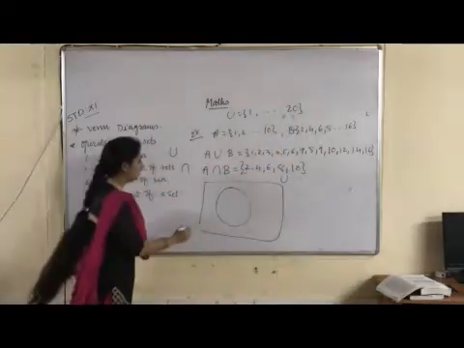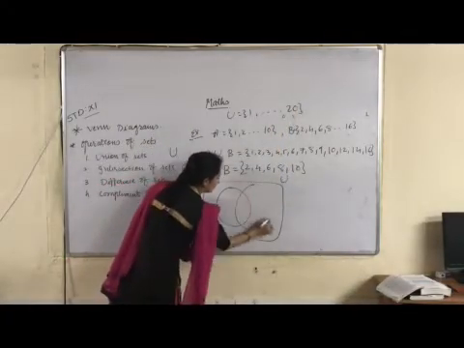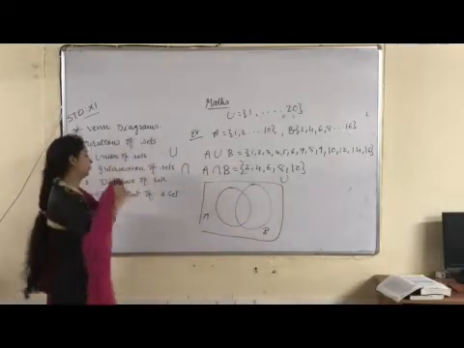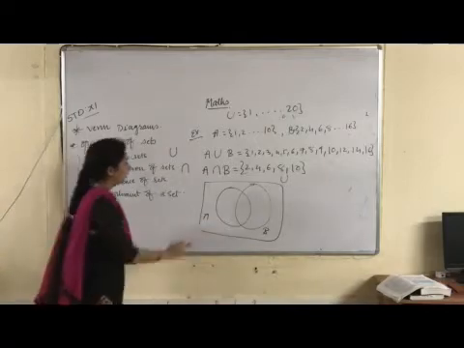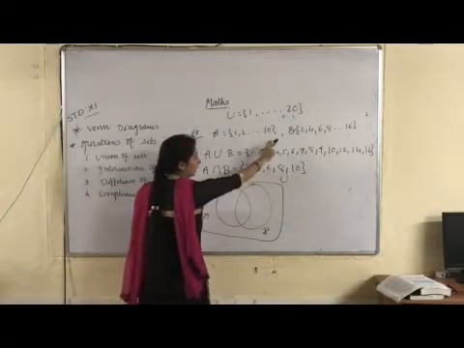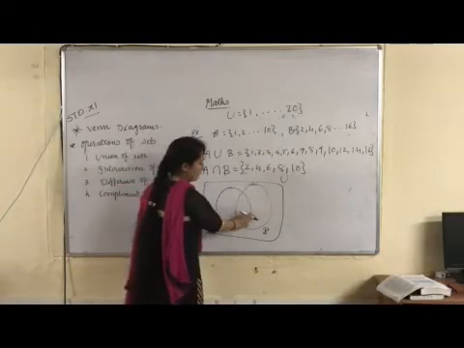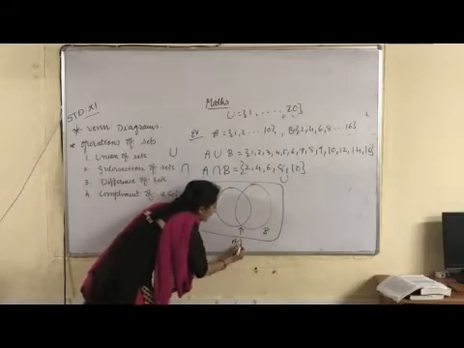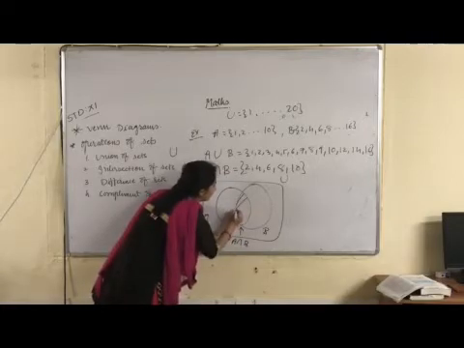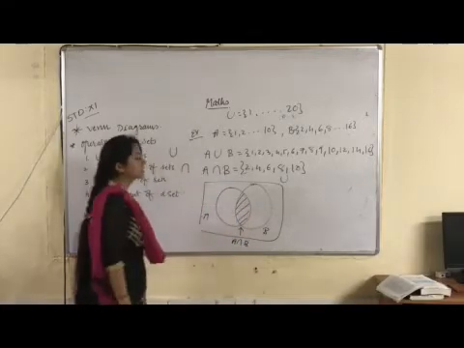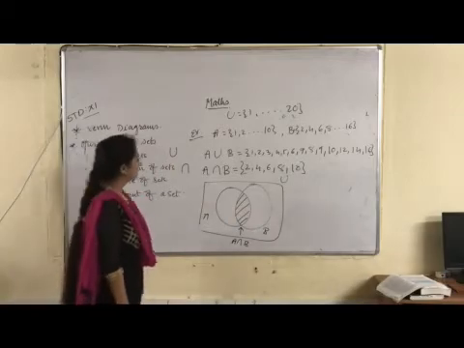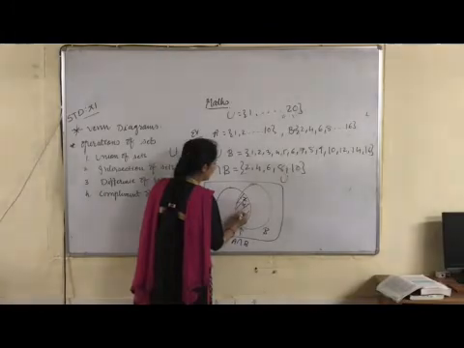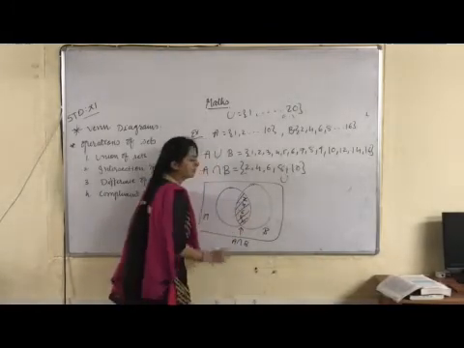This one is my set A. This one is my set B. Now see, in set A, 1 to 10 are there. In set B, 2 to 16 are there. This portion is known as A intersection B. Which elements are lying here? 2, 4, 6, 8 and 10.